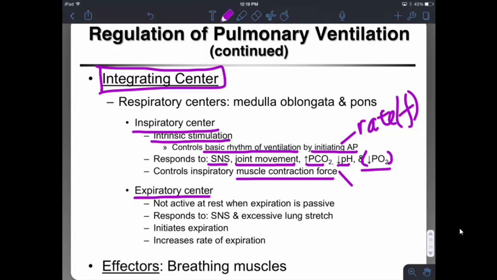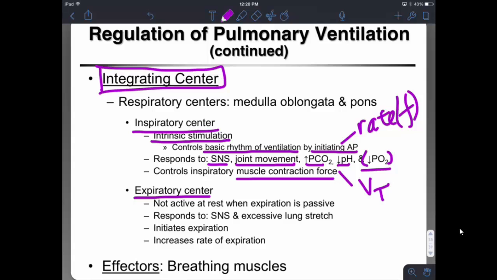If there's a greater need for inhalation, the accessory muscles will come in, the sternocleidomastoids, scalenes, and pectorals, and this is going to help control the depth of breathing, how much air comes in with each breath.